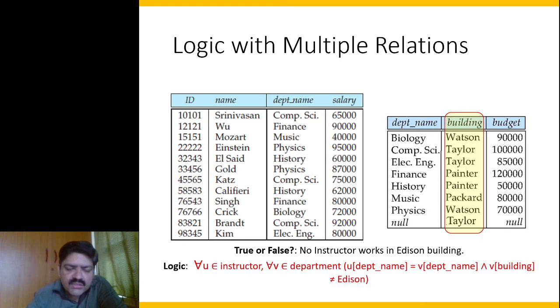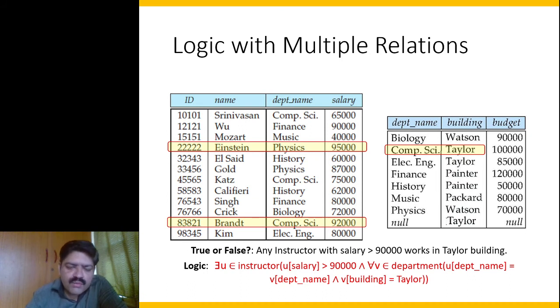We are doing a theta join on the column department underscore name. After joining them, we require V of building is not equal to Edison. This should apply to all instructors and across all departments. So when you join departments and instructors, the resulting building column of V should not have any Edison in it. That means there is no Edison at all in our relation.